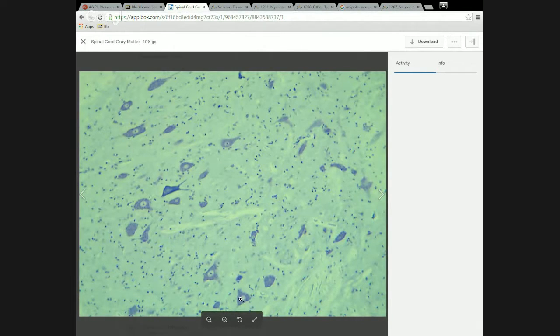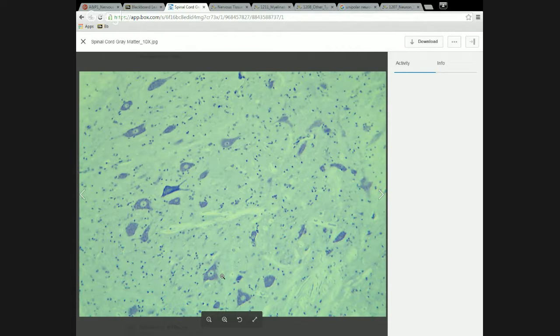Now, the staining procedure that's used here is a special stain for neurons. I'm going to introduce its name, but its name isn't that important. I just want you to understand that what it's doing is showing us certain things on purpose.